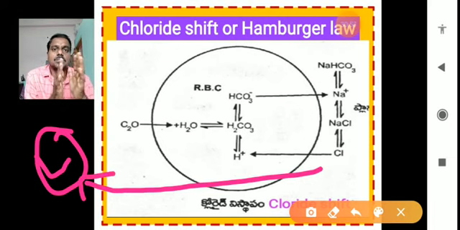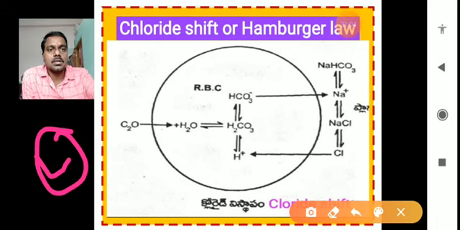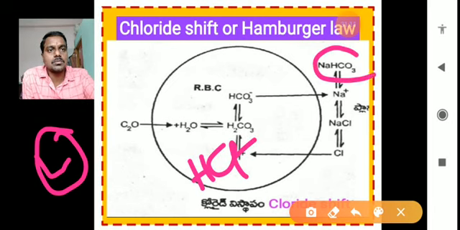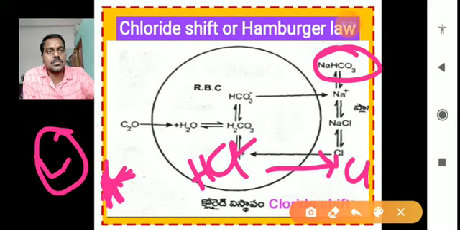In the lungs, this process is completely reversed. How is it reversed? Already HCl is formed in the RBC, and sodium bicarbonate or some potassium bicarbonates are there. From this HCl, near the lungs or alveoli, the HCl again releases Cl minus into the plasma.